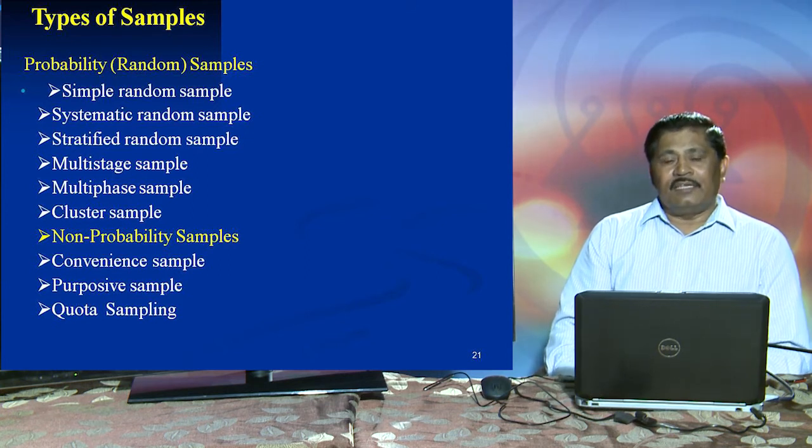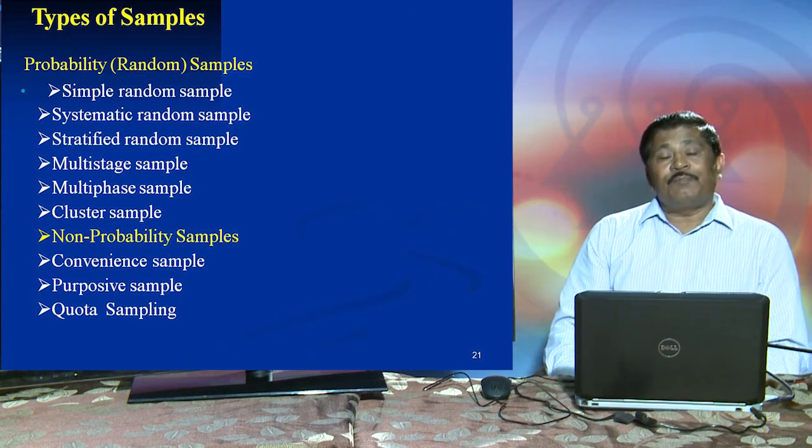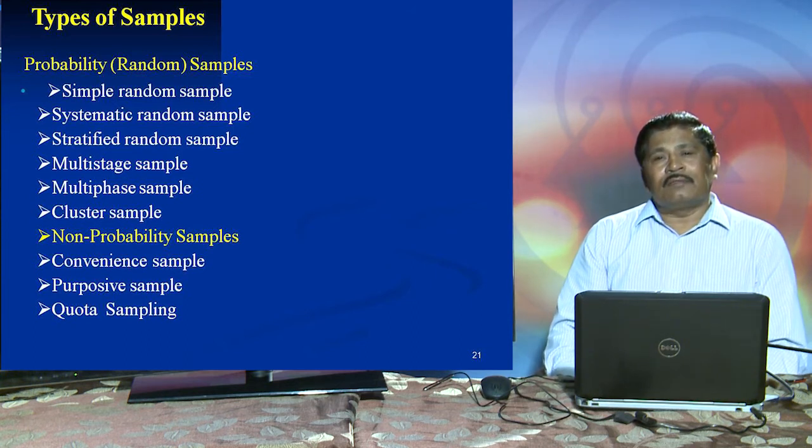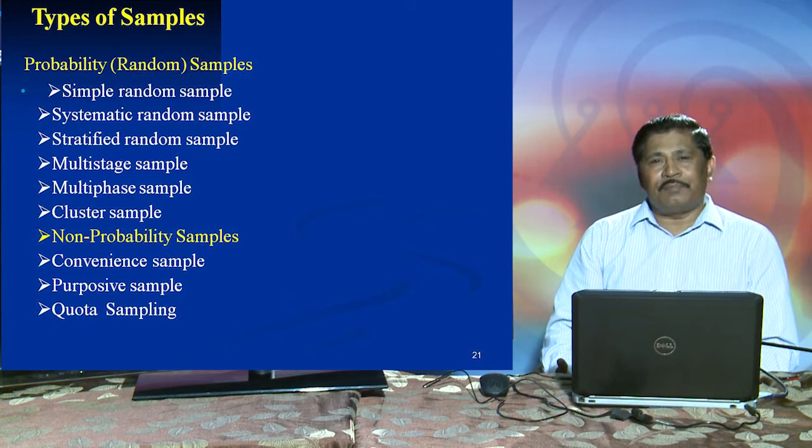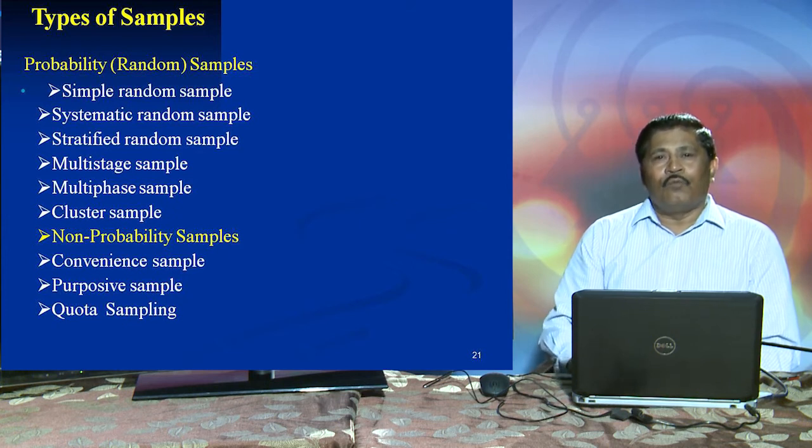But in the case of purposive sampling or non-probability samples, purposive sampling is used when the purpose of the study is decided. In that case, we may not go for probability sampling, but we should go for purposive sampling. But when you use purposive sampling, care should be taken that at least one stage of the sampling is a random sample.